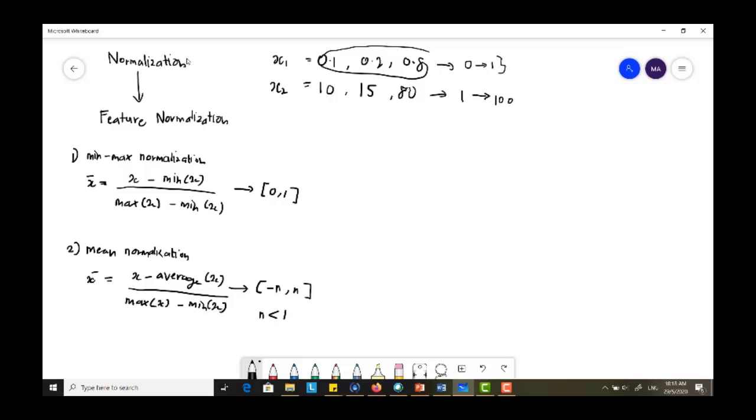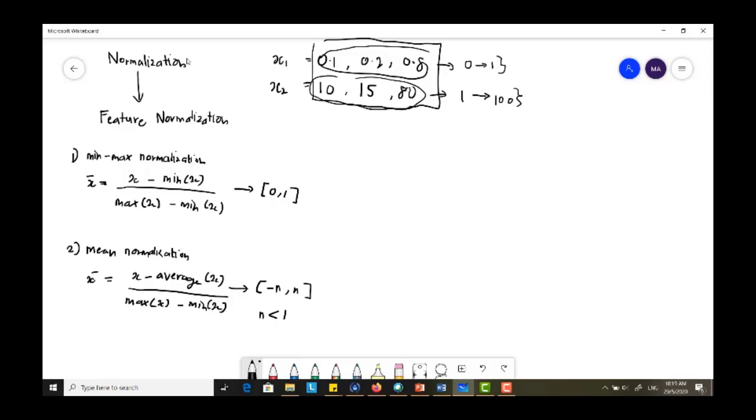Once the range is not similar, it's not appropriate to attach this x1 x2 together in one matrix, because later, no matter what type of operation, this one will be dominant because it has very big values. So that's why in mathematics they normally apply what we call normalization.